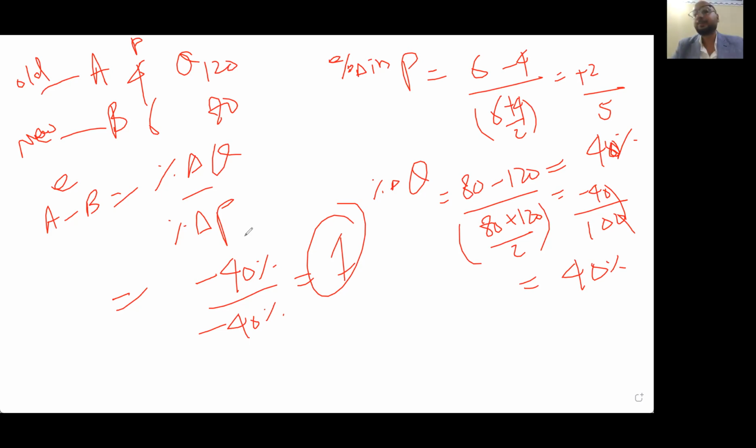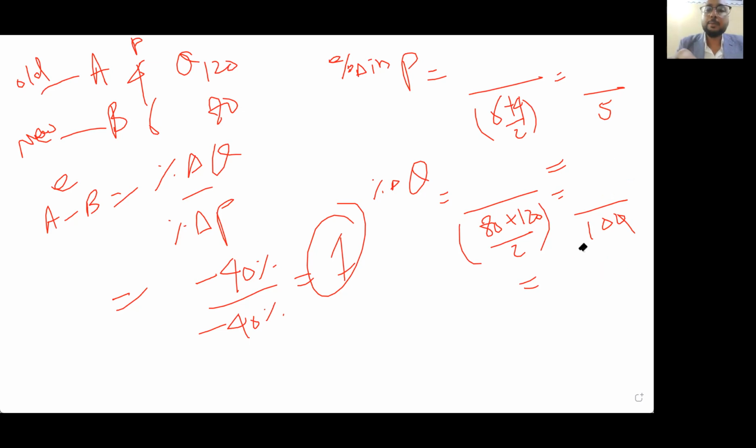Now B to A. When B to A, B will be our old price. From B to A, B will be old now, A would be new.